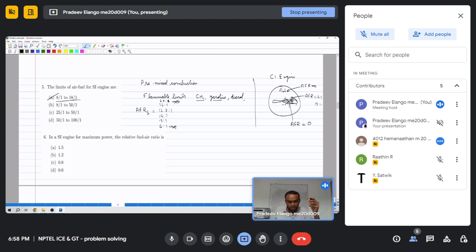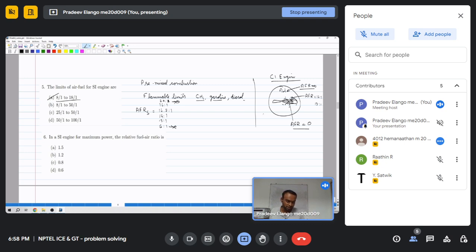So in case of CI engine, you can have any global air-fuel ratio. Whatever I mentioned is a local air-fuel ratio, but the global air-fuel ratio can be much different than all these values, and much different than the flammability limits. Only the local air-fuel ratio matters for the local combustion.